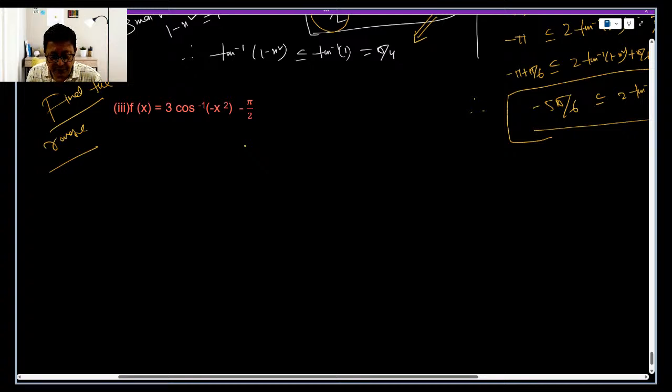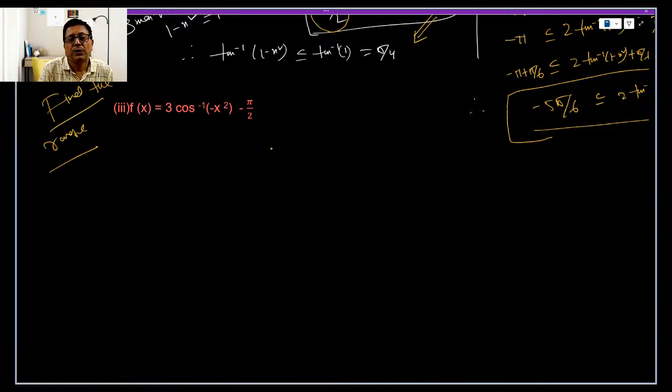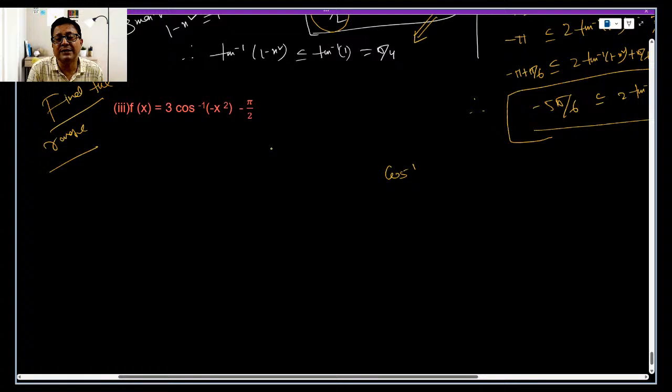Another very good problem is there in my collection. Try fast. Cos inverse of minus x square. Only for cos inverse x, the range is 0 to pi, better I take the table here also.